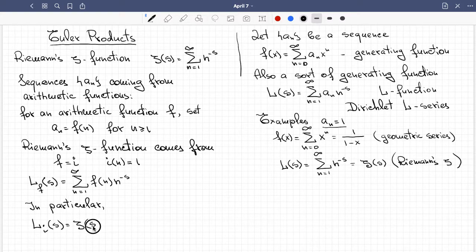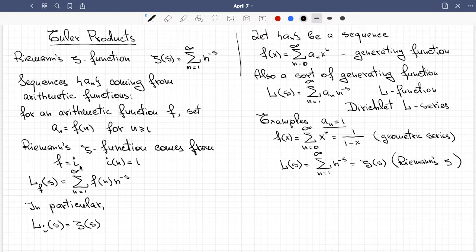zeta of s. So zeta, Riemann's zeta, is indeed a member of this family of Dirichlet L series of generating functions of this kind, when the sequence a_n comes from an arithmetic function, which is I. So these Dirichlet L series in general are considered for quite a bunch of sequences, typically indeed coming from certain arithmetic functions.